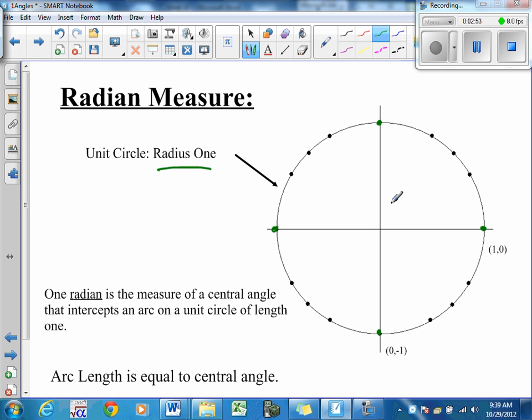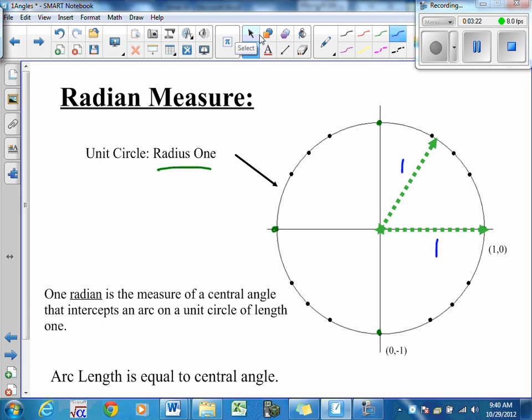Now, if we look at this circle, this distance from here to here is 1, a radius. But the distance from here to here is also 1. Both of these are 1 because we have a unit circle. The circle might not be perfectly to scale, but you get the idea.